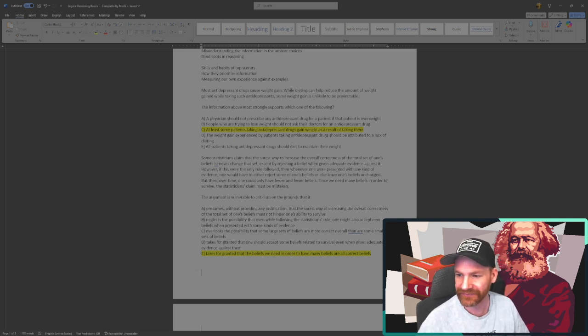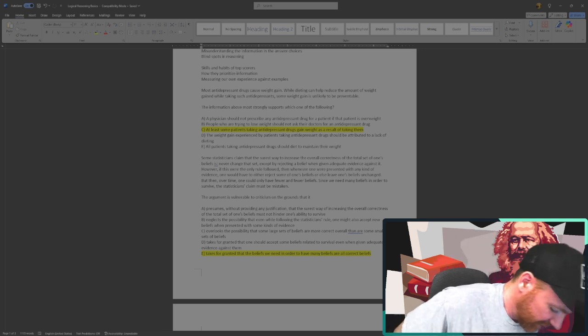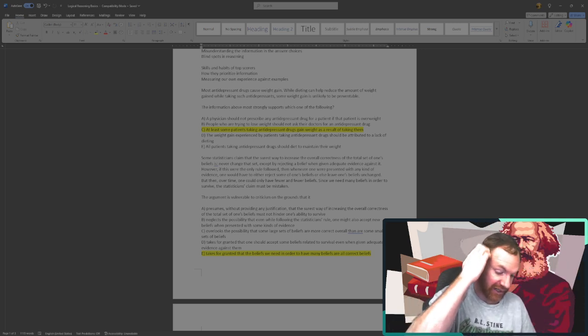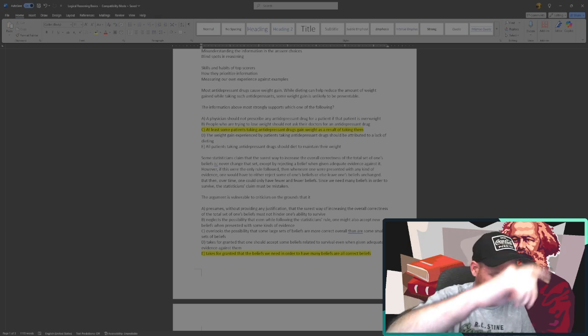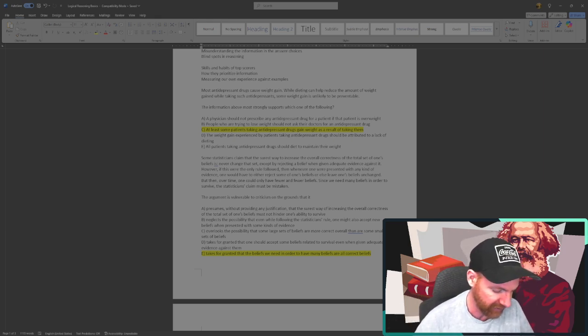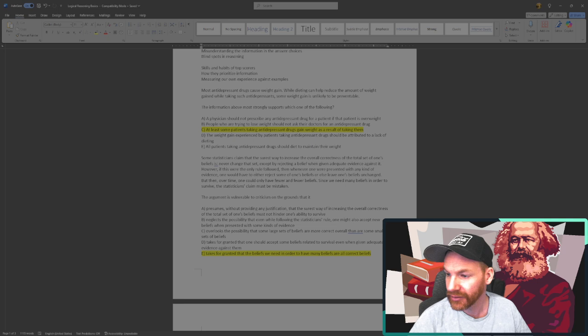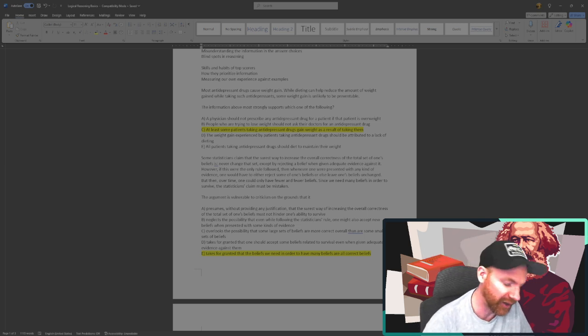All right, so we'll read through it. Some statisticians claim that the surest way to increase the overall correctness of the total set of one's beliefs is never to change that set except by rejecting a belief when given adequate evidence against it.